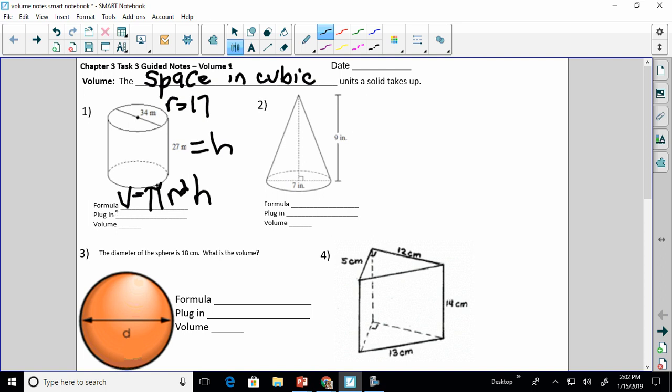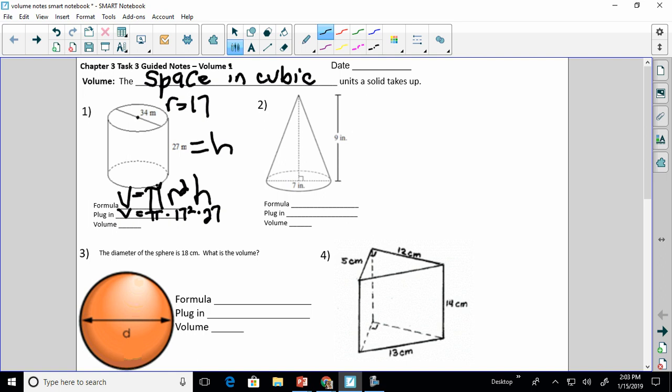We'll leave the pi alone. So let's plug it in. Volume equals pi times r squared, and r is 17, so 17 squared, times the height, which is 27.